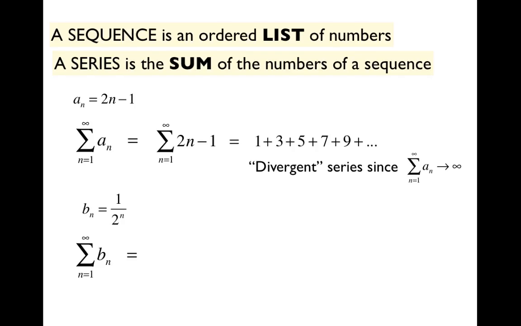How about here? Black shirt and headphones. What'd you say? What is this? How would you describe what that is? It would be the sum of 1/2 plus 1/4 plus 1/8 plus 1/16. Some people are nodding. That's right.